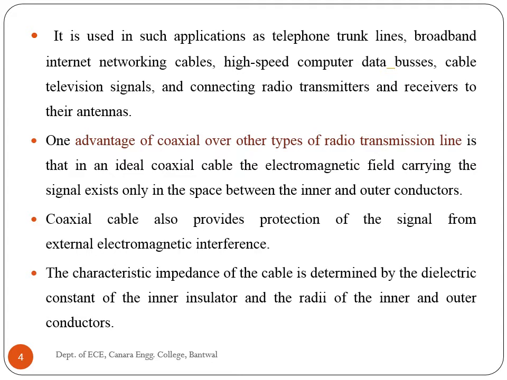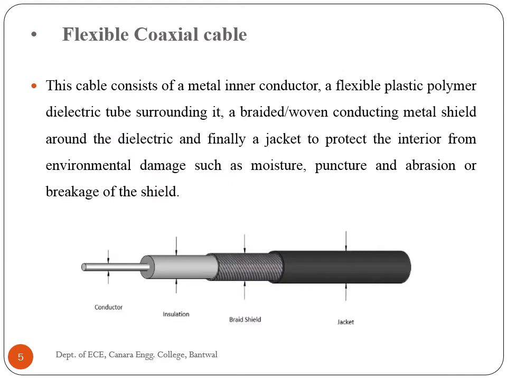The source and load impedances are chosen to match the impedance of the cable to ensure maximum power transfer and minimum standing wave ratio. Other important properties of coaxial cable include attenuation as a function of frequency, voltage handling capability, and shield quality. There are three types of coaxial cables: flexible, semi-rigid, and rigid coaxial cable.